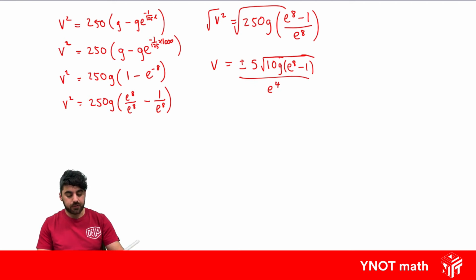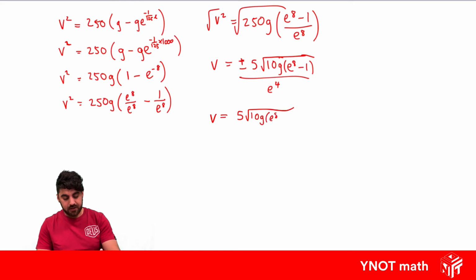And this is our final velocity just before it hits the ground, and we can just take the positive case since we're defining downwards to be positive. So we get our final velocity as 5 root 10g outside of e to the 8 minus 1 all over e to the 4.